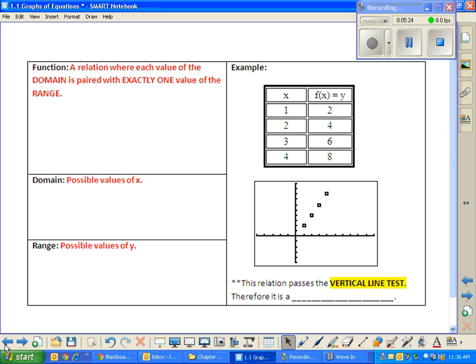It is a relationship between x and y, or it's described as a relation for which each value of the domain is paired with exactly one value of the range. Forgive the shouty caps. A relation where each value of the domain is paired with exactly one value of the range.